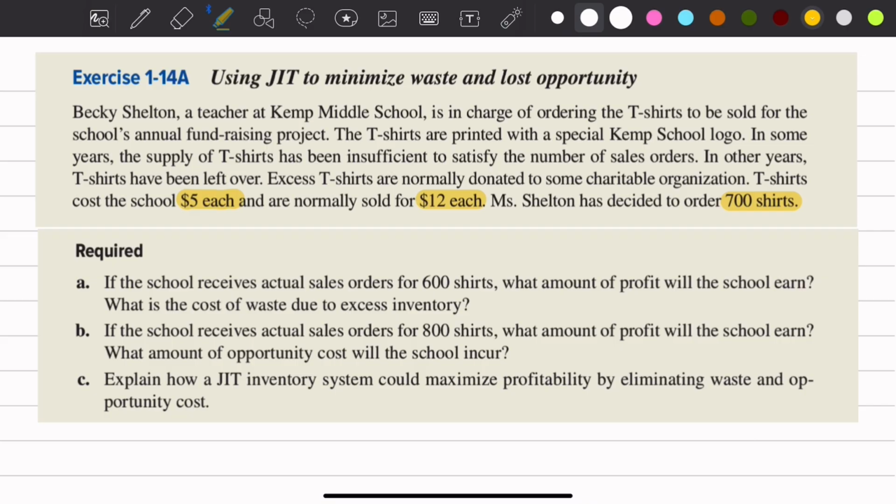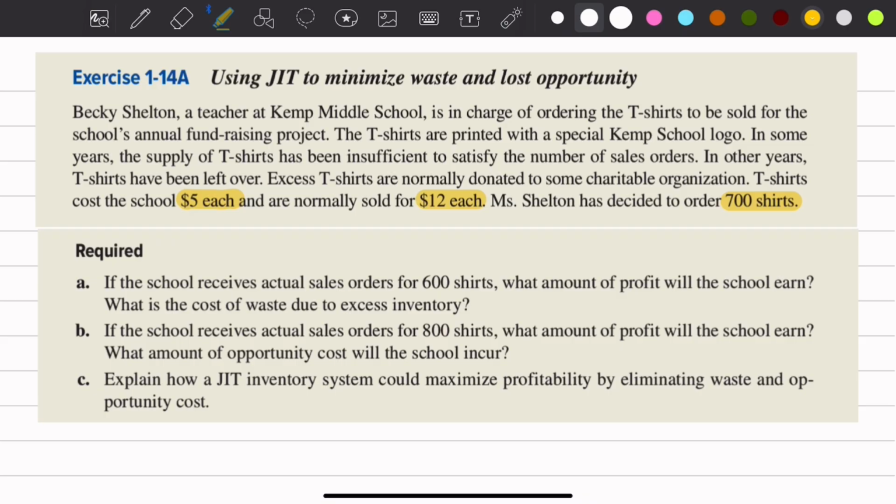So this school typically holds an annual fundraising event, and in that event they sell some t-shirts with the school's logo on them. The problem is they don't know for sure how many t-shirts they're going to sell each year, so they have to estimate approximately how many t-shirts would be sold. So some years they would receive more orders than the t-shirts that are available, so that would incur the school some opportunity cost.